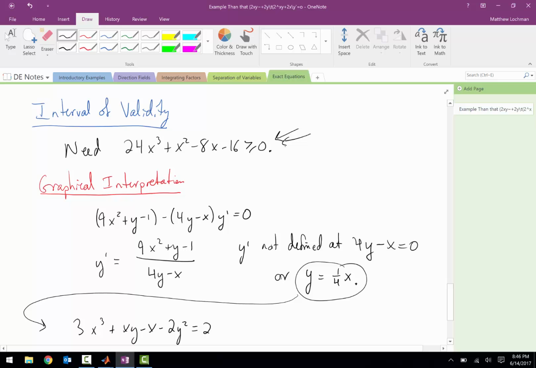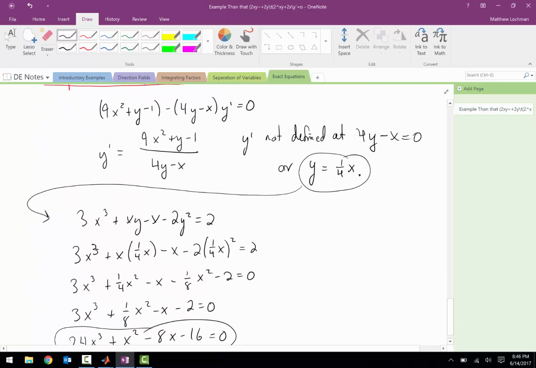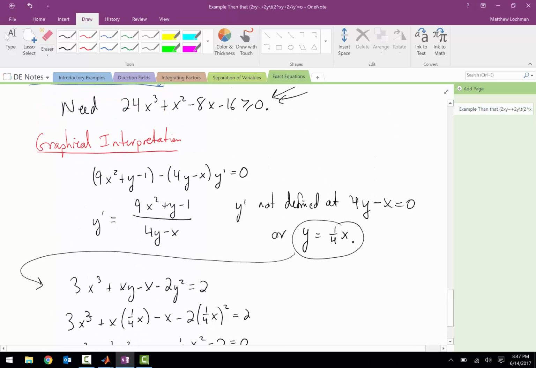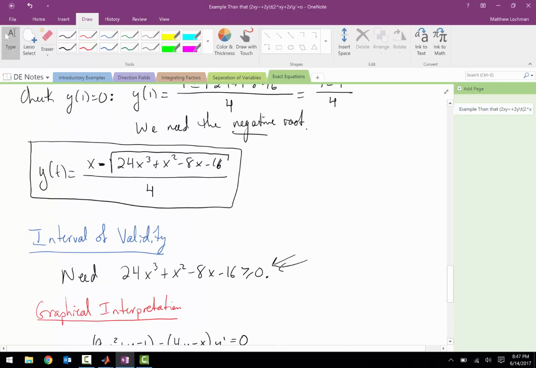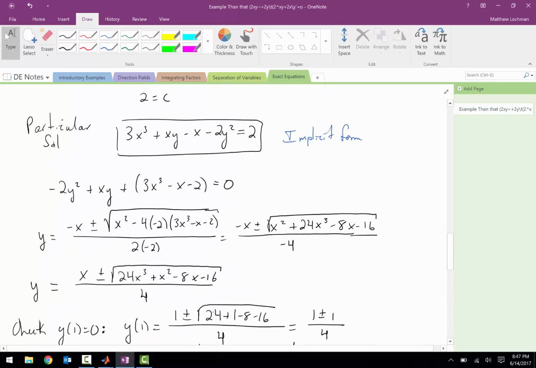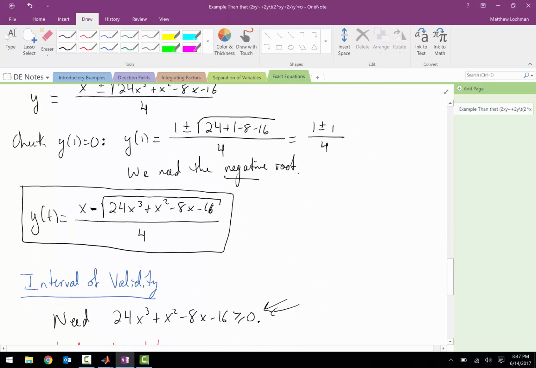If I find those points where it's 0, that's actually where the differential equation has a vertical derivative, not a vertical derivative, a vertical tangent line here. Now that's not the case all the time, but when you're doing exact equations, especially if they have polynomial coefficients like this, it's because we have an implicit form that is polynomial, and so it excludes those options of corners or discontinuities of some sort.